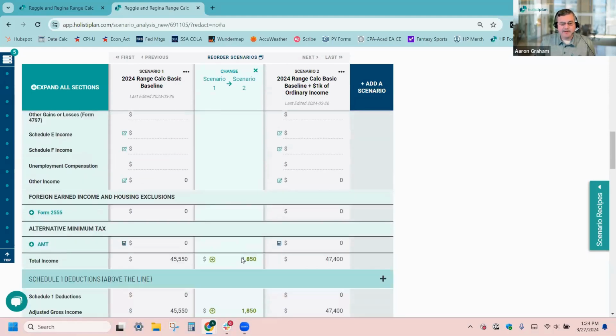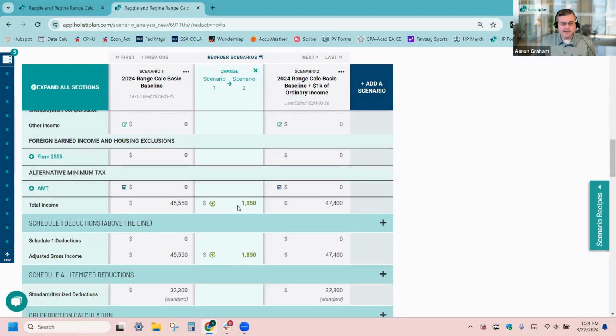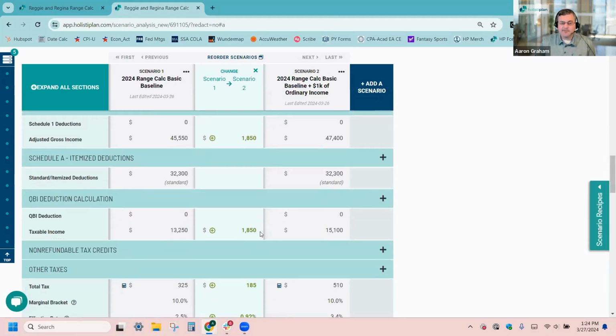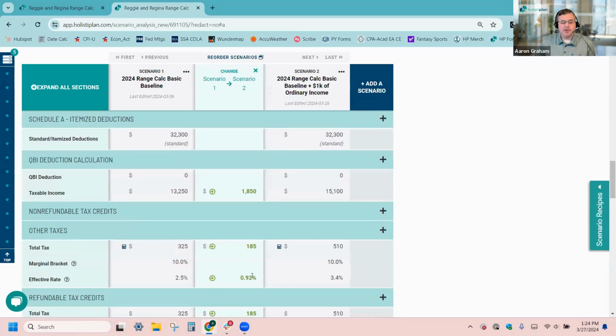The net effect of that, as you go down here, you're increasing total income by $1,850, AGI by $1,850, and taxable income by $1,850. Remember, Reggie and Regina at this point in this original scenario, they're in the 10% bracket. So $1,850 times 10% is $185.